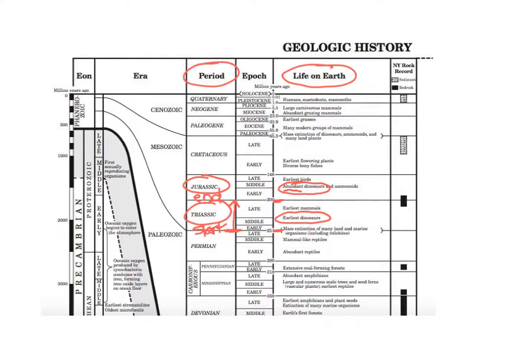And then at the end of the Cretaceous period, the dinosaurs begin to die out and eventually become extinct. So we have this mass extinction of dinosaurs, and not just dinosaurs, something called ammonoids and also many, many land plants, at the end of the Cretaceous period. And this happened 65.5 million years ago. And again, we know that because here's that time scale right here.